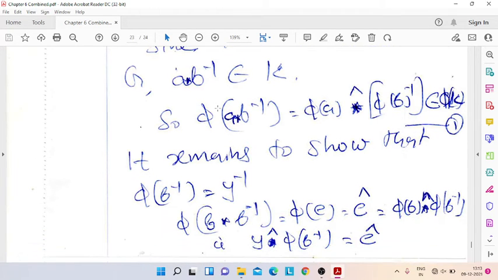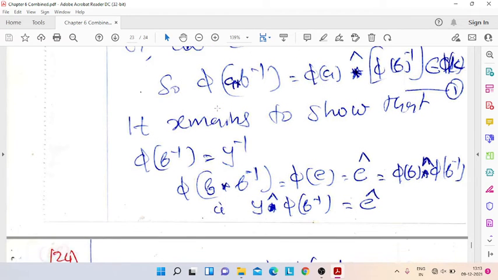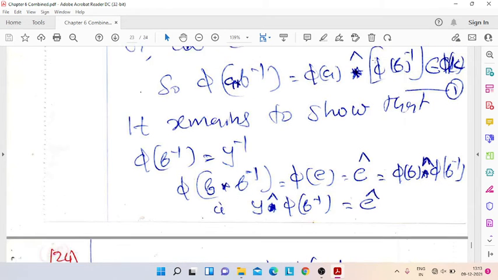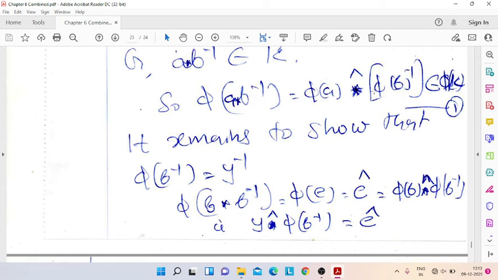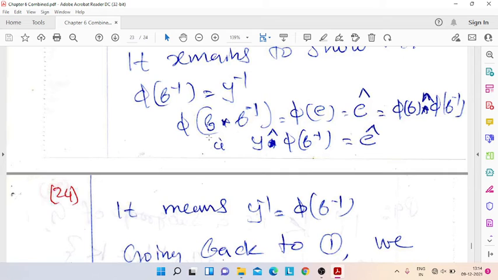Now it remains to show that phi of b inverse equals y inverse. We want to show that phi of b inverse is equal to this element, which is y inverse. For that we consider phi of b star b inverse. It splits into, but here we get the identity element e.